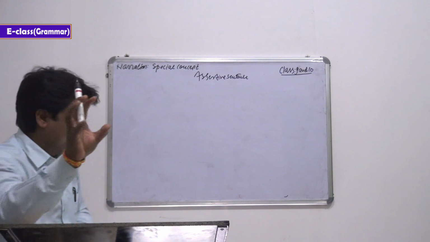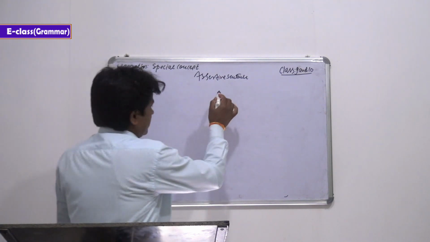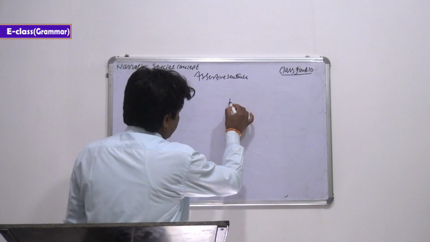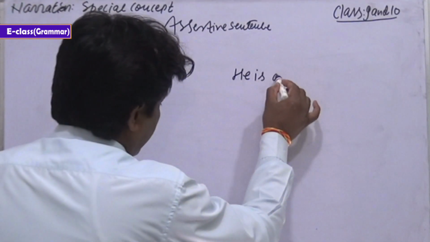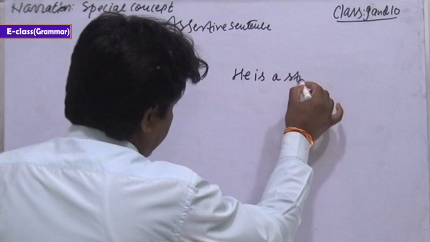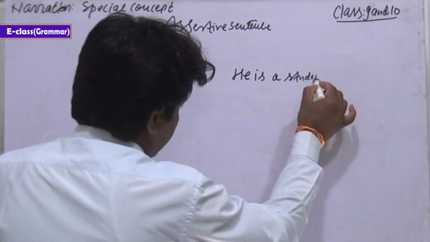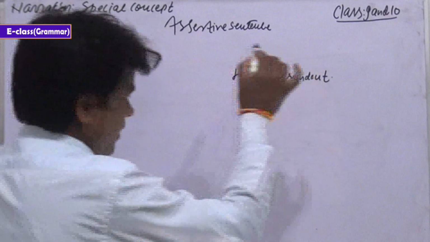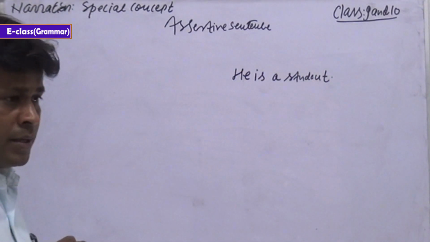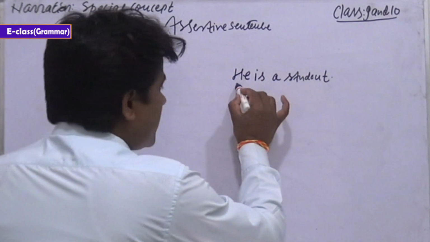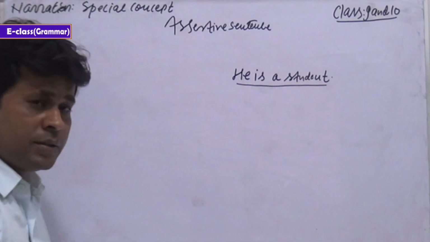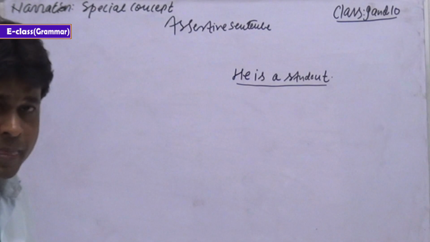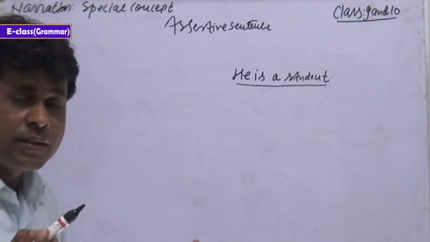Let me give you an example first. He is a student. See here. Which sentence is this? This is an assertive.